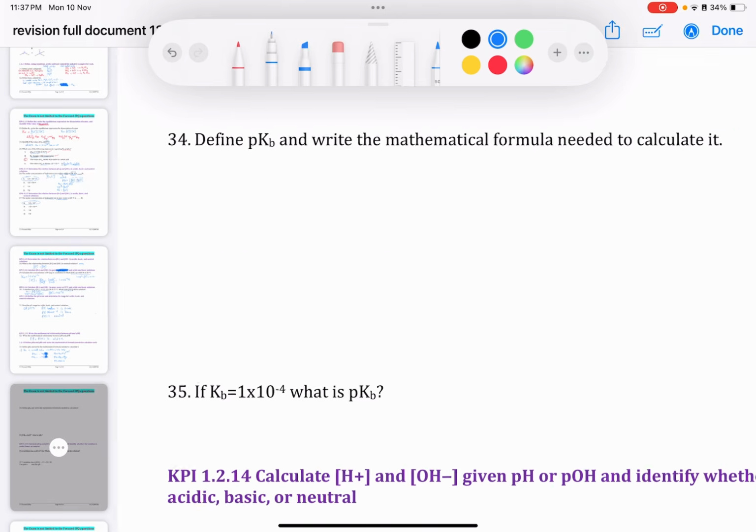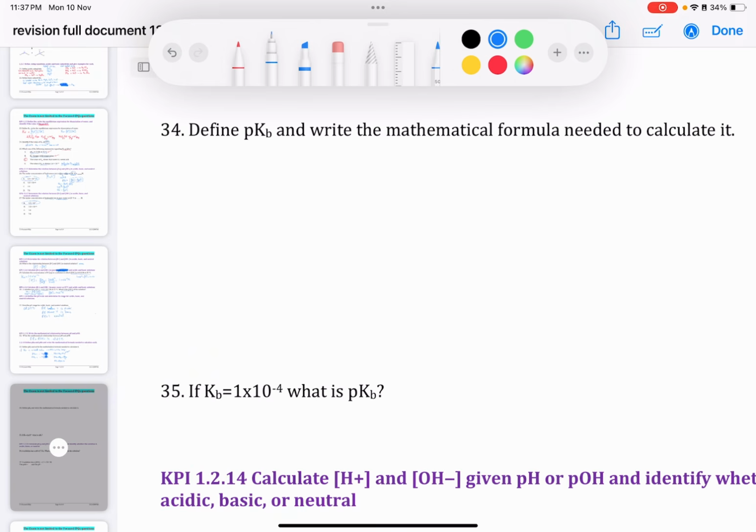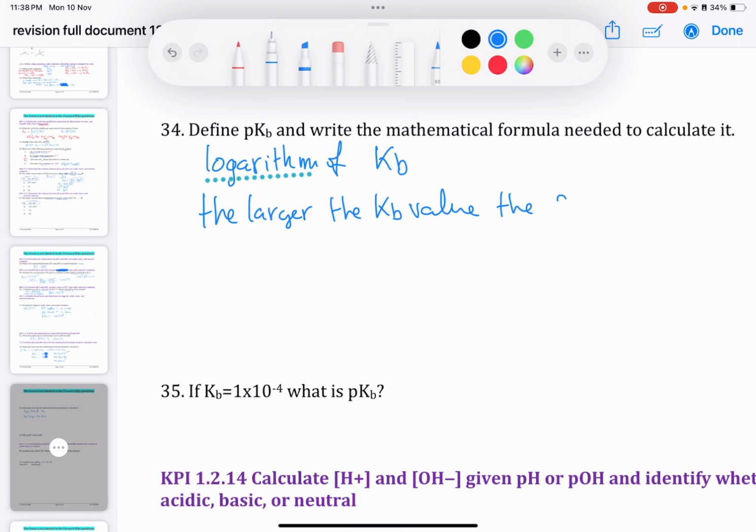Now, same thing we're going to do for pKb. pKb is the logarithmic function, but this time it is related to Kb. So it's the logarithm of the base dissociation constant Kb. The larger the Kb value, the smaller the pKb.